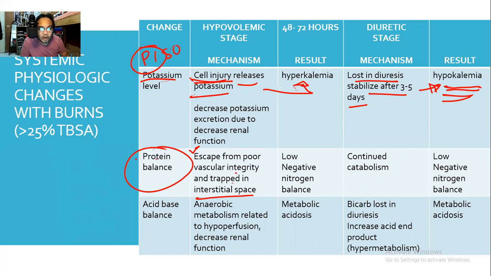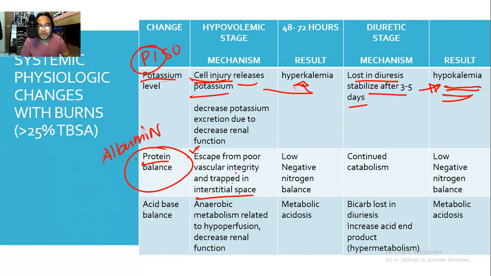Bakit? Kasi remember, your protein such as your albumin helps in maintaining the oncotic or the colloid oncotic pressure or your osmotic pressure sa intravascular ninyo. Sila yung humihila ng inyong fluids, no? From the interstitial going back to the intravascular.